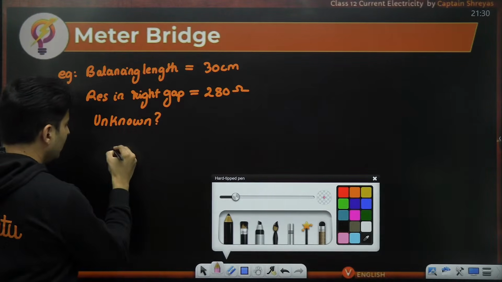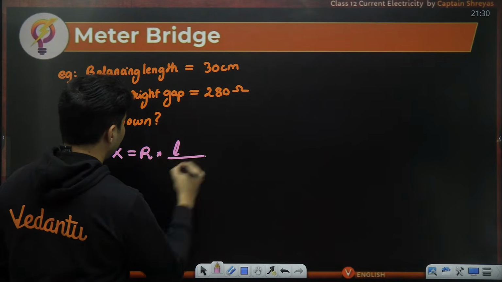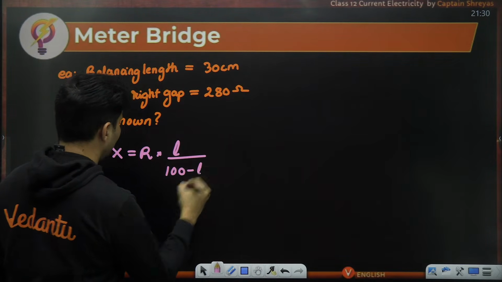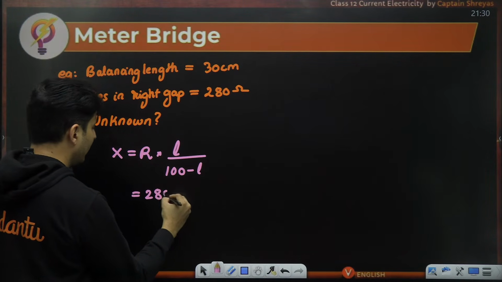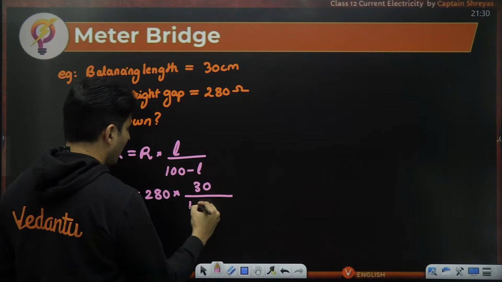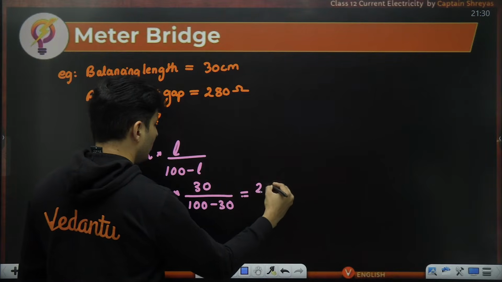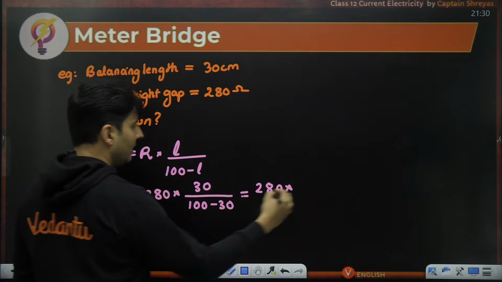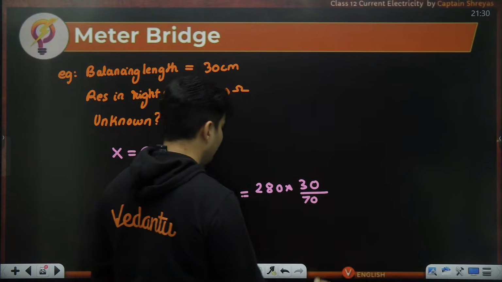Definitely we can. The unknown resistance X is that resistance multiplied by the balancing length upon 100 minus the balancing length. The known resistance is 280. The balancing length is 30 and upon 100 minus 30. So this will become 280 multiplied by 30, and over here 100 minus 30 is 70.